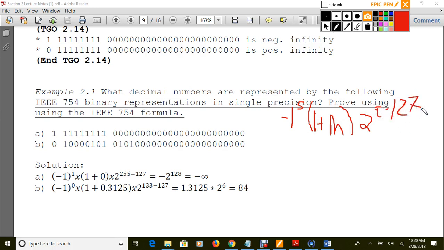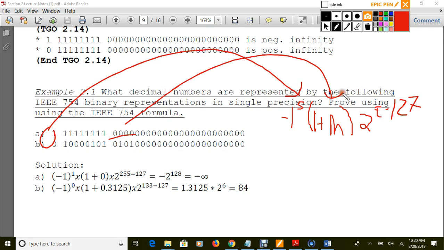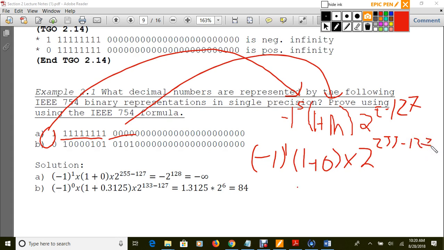In this specific case, the sign bit is 1, the mantissa is 0, and the exponent is 255. So this becomes negative 1 times 1 plus 0, the mantissa, times 2 to the 255 minus 127, which becomes negative 2 to the 128. And as we defined in the previous objective, that's negative infinity.